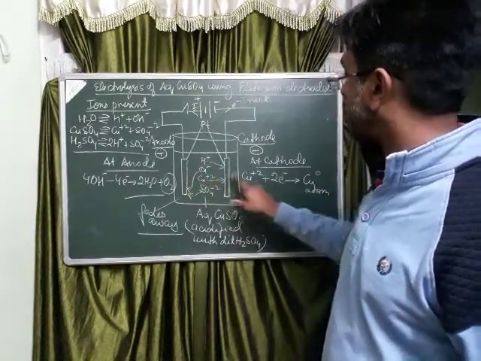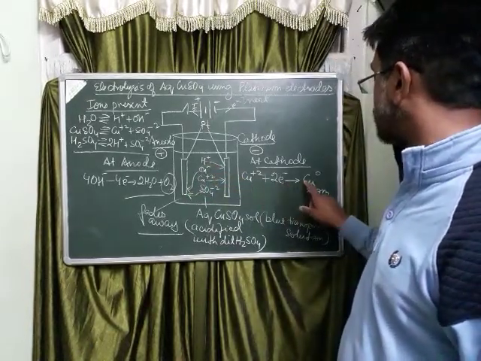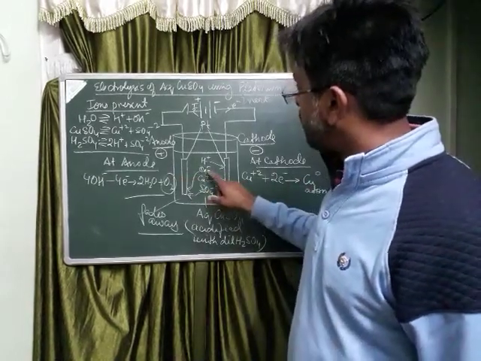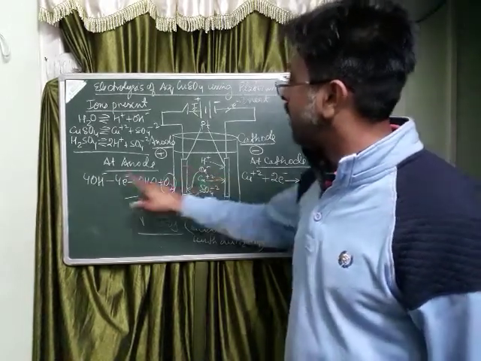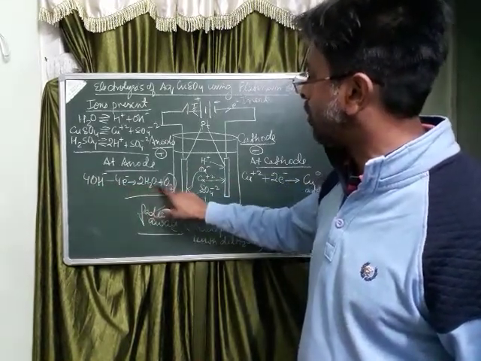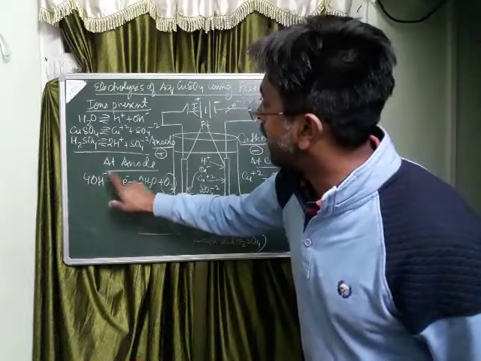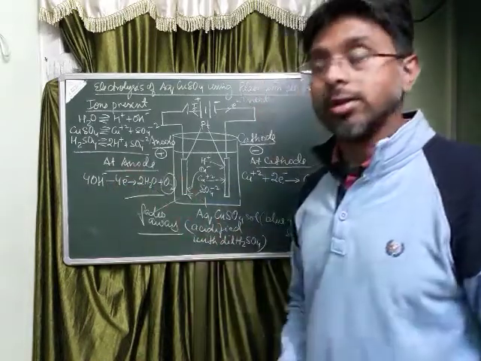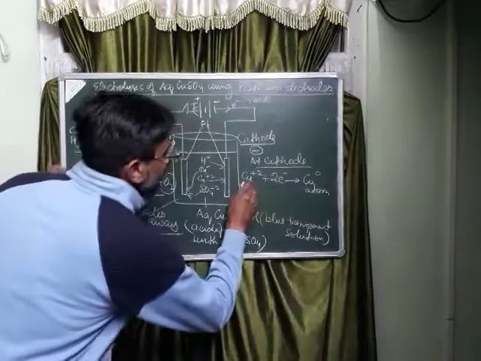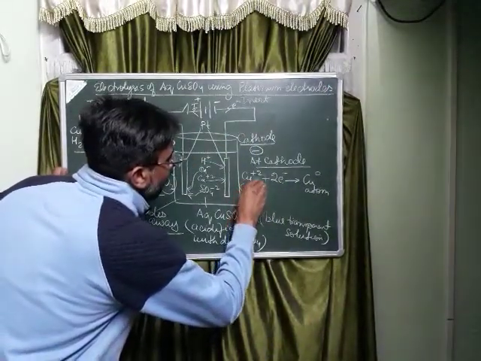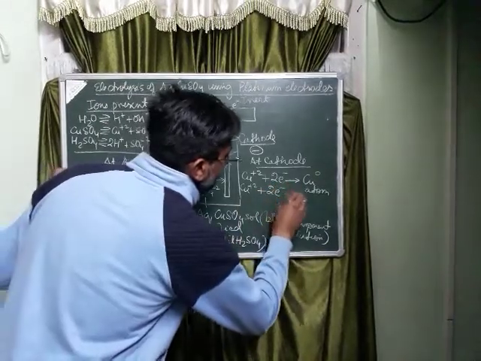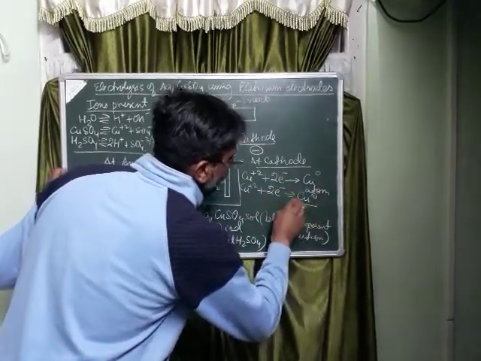Amongst the cations, copper discharges by gaining 2 electrons to form copper atom. At the anode, between hydroxyl and sulfate, hydroxyl ions discharge by losing 4 electrons to form water molecule and oxygen molecule. Now here at the anode there is loss of 4 electrons. Here also there must be loss of 4 electrons. So what we can do is catch hold of one more copper ion to gain 2 more electrons to form another copper atom.